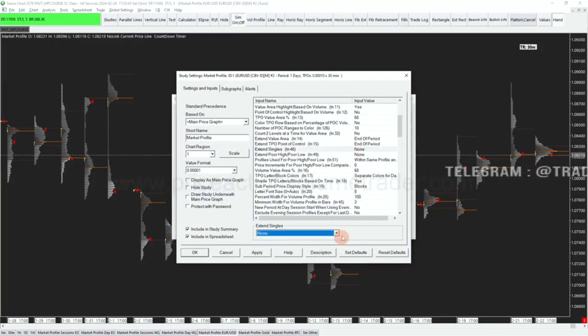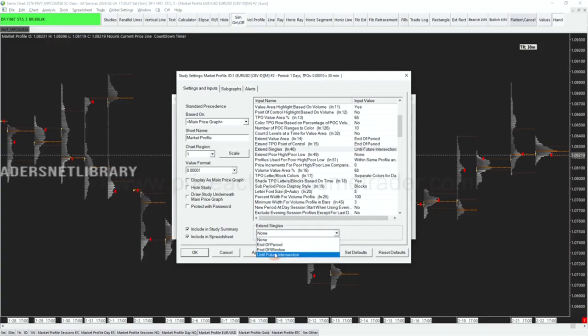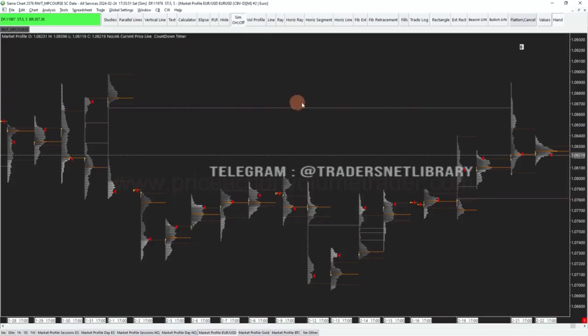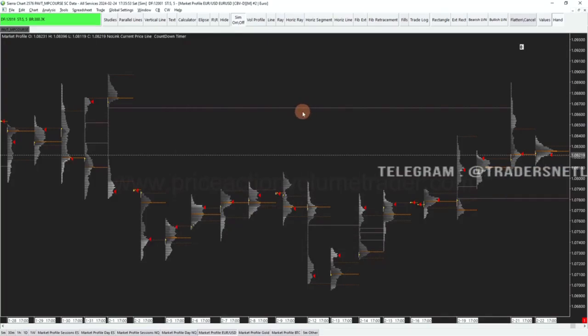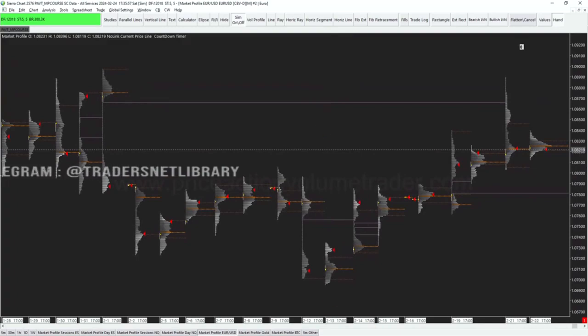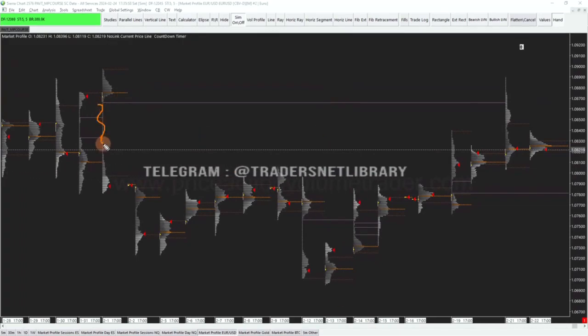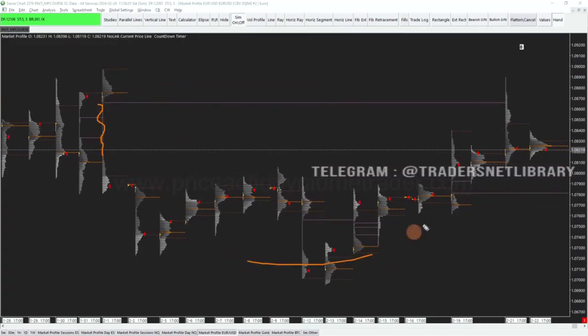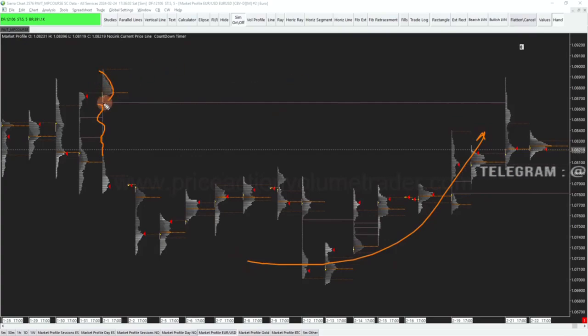I don't have it activated. I'm going to put until future intersection. This is going to add all these little pink lines, and this is just going to help us visually be more aware of it. This is the example that I showed you on the previous slide, how we came back up and filled these singles into this big move.